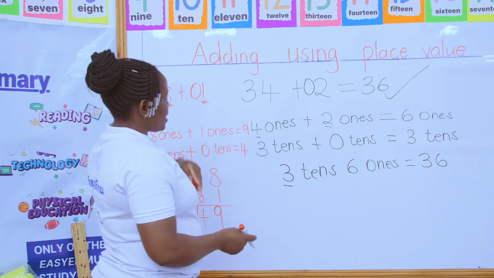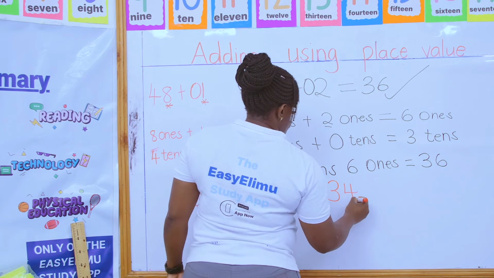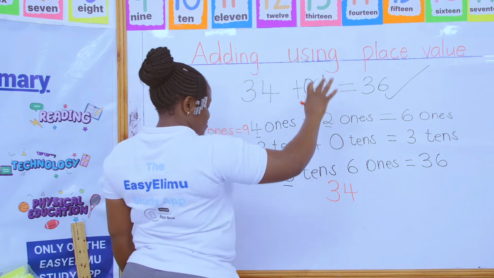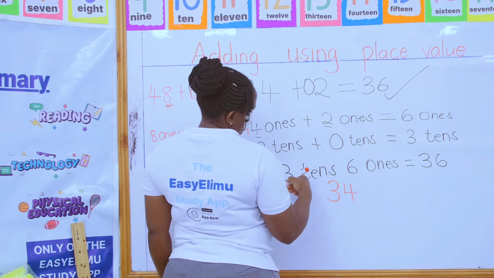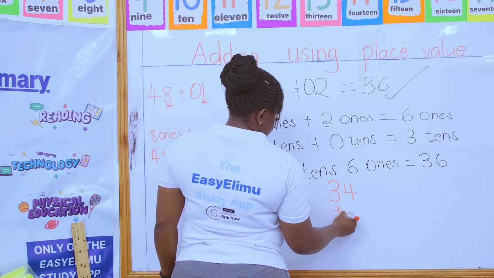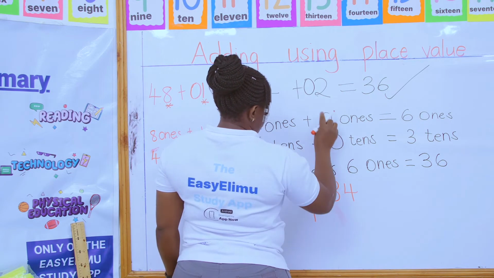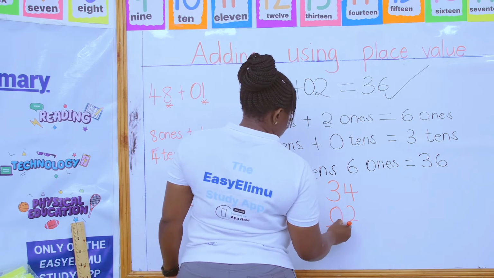The same way here, if I'm told now to write that work going, this one is a horizontal manner. Now we are writing it in a vertical way. And I've been told to add this in a vertical way. I will come and say 34 plus, we said where there is no number, what do you put there? A 0. So it will be 0, 2, which simply means 2.